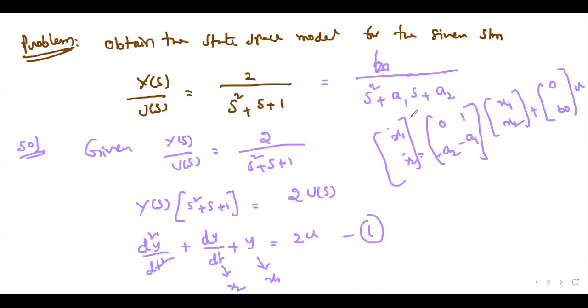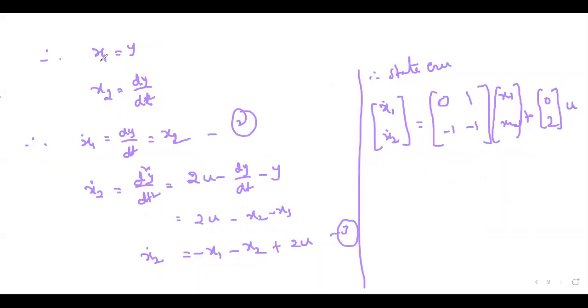Now you fill in these values. Simply 0, 1 is constant, minus a2 is minus 1, minus a1 is minus 1, and the B matrix is 0, 2. So if you remember this format, you can directly get the answer. If you don't remember, please do the steps: write equation 1, assume the state variables, and find the state matrix. Whichever way you like, you can follow it.